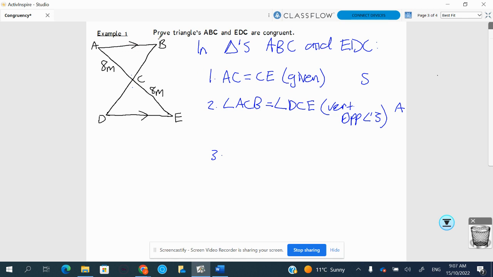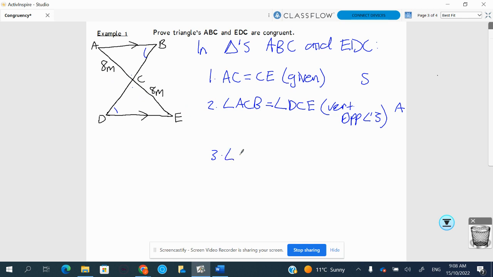Well, we've been given some parallel lines here indicated by these arrows, and we have a bit of understanding about equal angles within parallel lines. And so I'm going to look at angle ABC and angle EDC, so this angle here and this angle here, and they're going to be equal because they are alternate angles in these parallel lines.